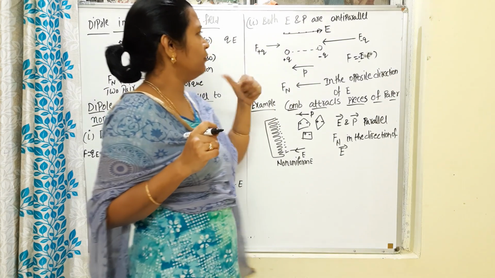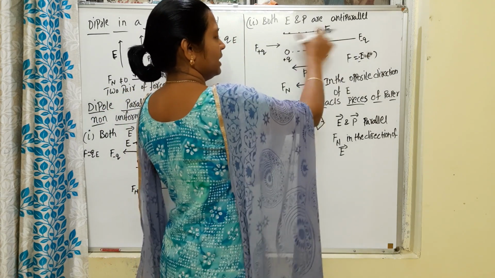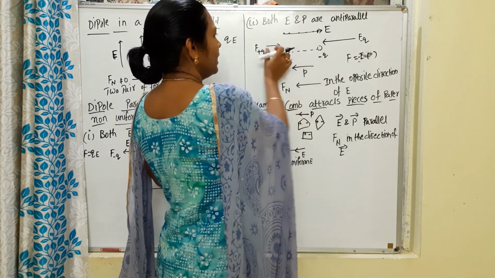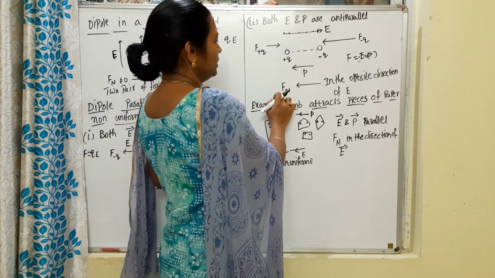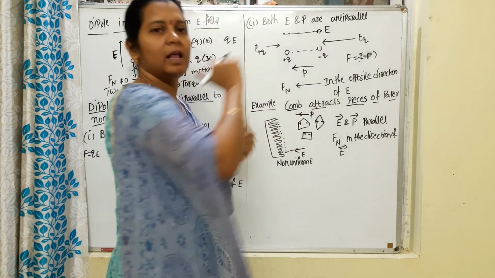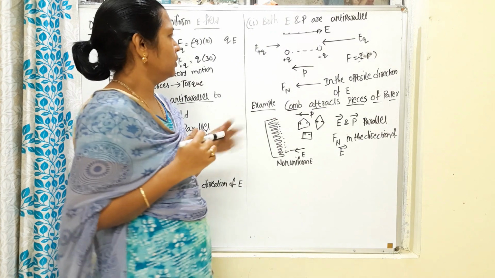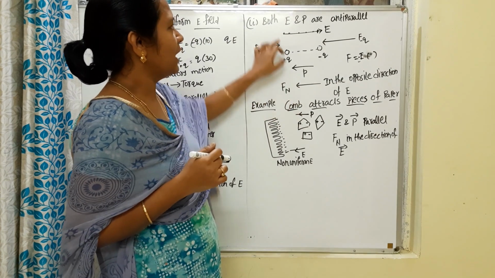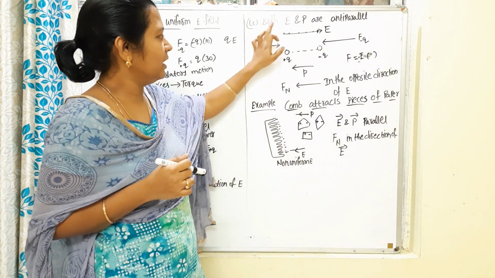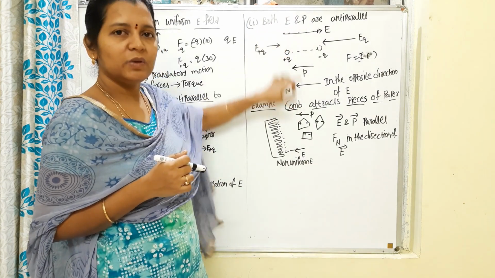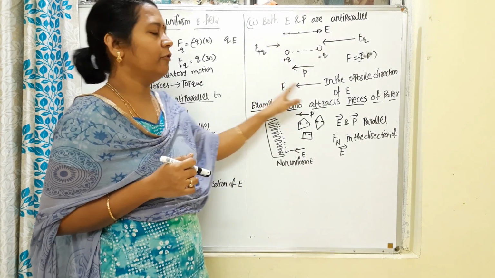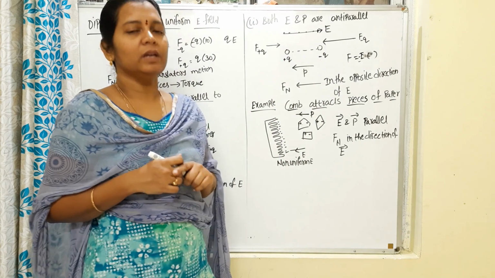So what is the net force? On the left side the magnitude is more and on the right side it is less, so the net force acts in the left direction. So here the net force and the increasing electric field are anti-parallel to each other. E and Fn are anti-parallel.